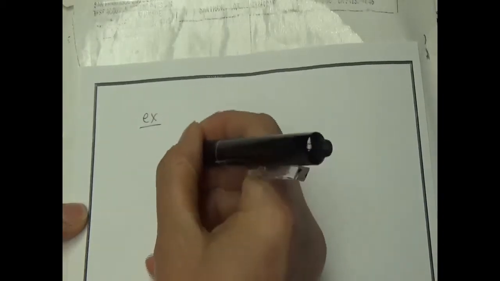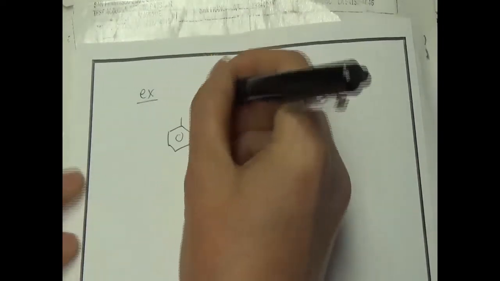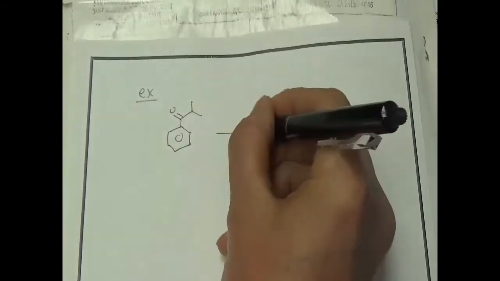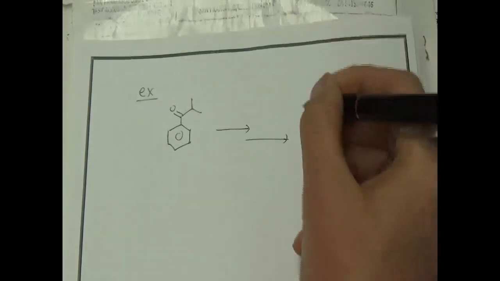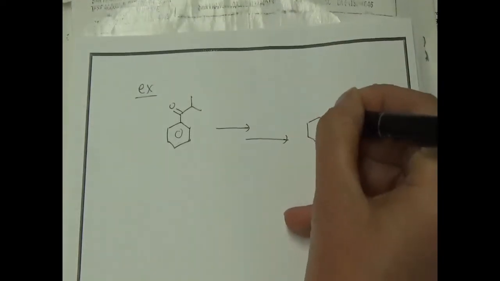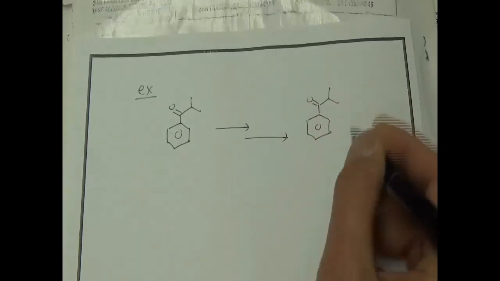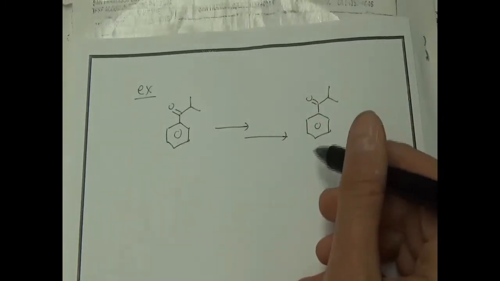So let's show this last thing in an example. I'm just going to be sloppy and write a circle. As long as we're not showing a mechanism of the benzene double bonds, using a circle is fine. So what if we need to do a synthesis of this, and what kind of electrophile do we want to add?